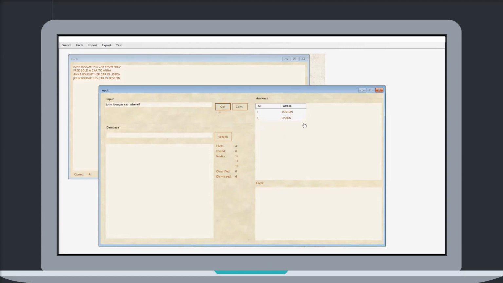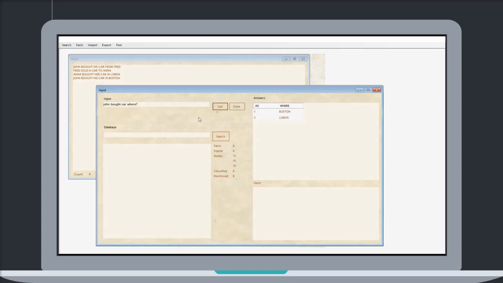And the first answer was Boston, and the second Lisbon. This is a priority between the fitness of the responses. The first one is the most likely correct answer, and that is Boston, which is correct.